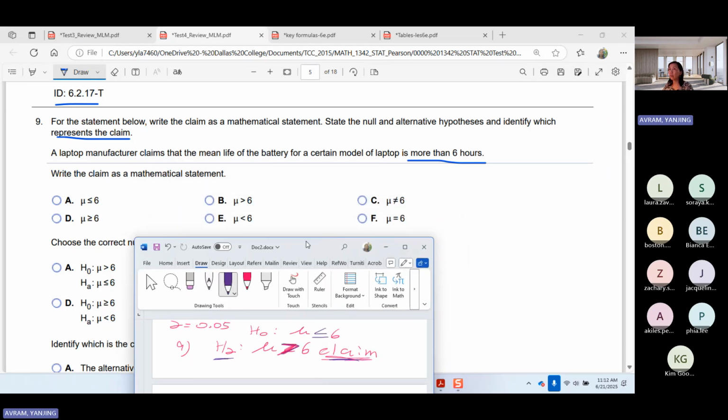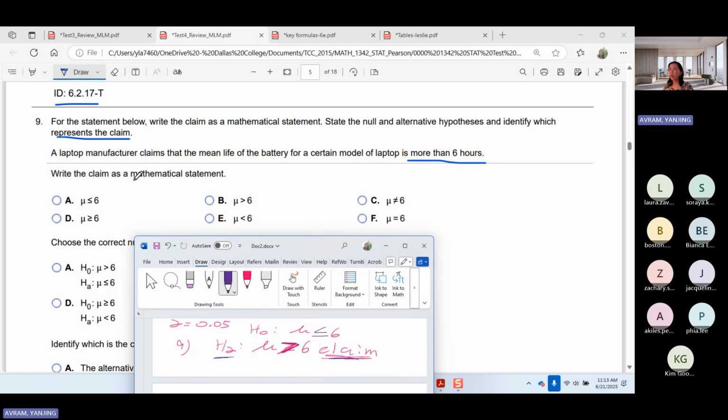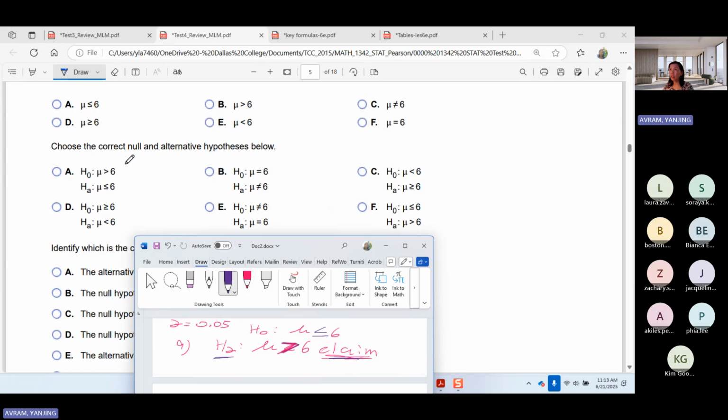Okay, so let's take it back. What is the statement? The statement here is more than 6 hours, so more than 6 hours should be greater than. So it should be B, greater than. Sorry about it. And what is the null? What is the correct one? Mu is greater than 6, so I go choose mu is greater than 6.